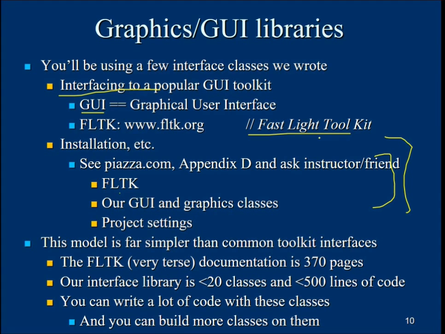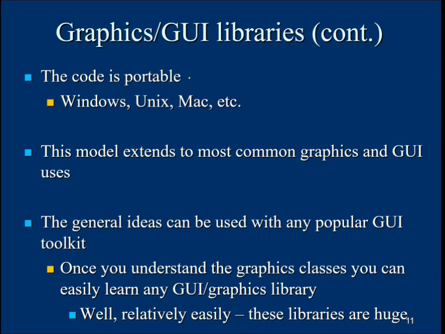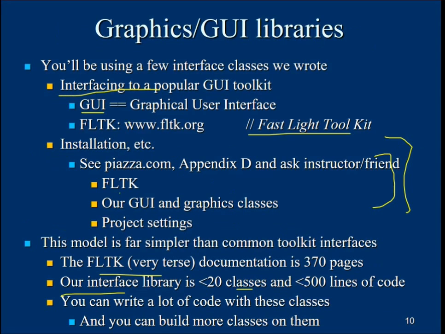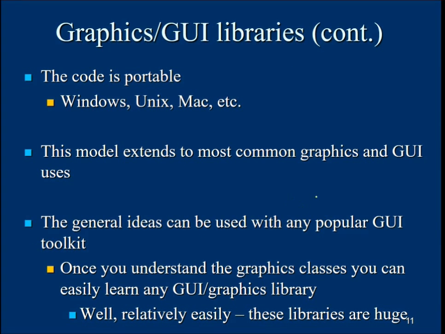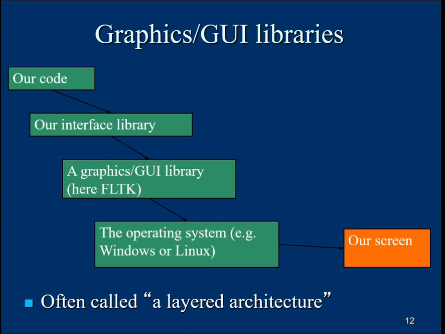This model is somewhat simpler than common toolkit interfaces like FLTK, and our interface, the Stroustrup interface library, has fewer than 20 classes and fewer than 500 lines of code. So you can really write a lot of code with these classes, and you can build more classes on them. The code is portable as far as FLTK and GUI are concerned, and this model extends to more graphics and GUI uses, and you can build your own ideas on them.